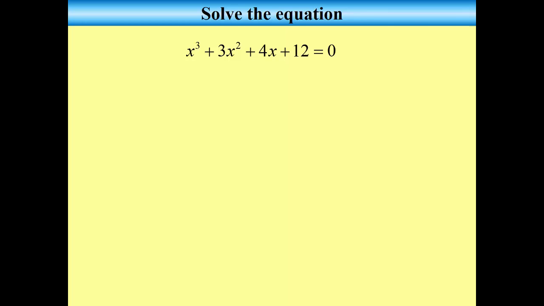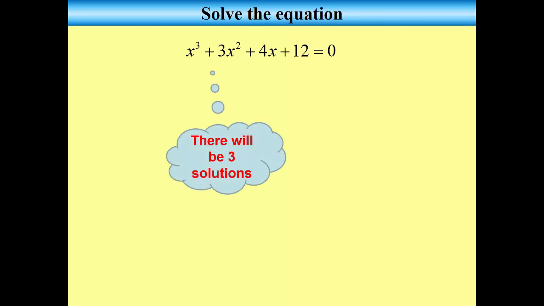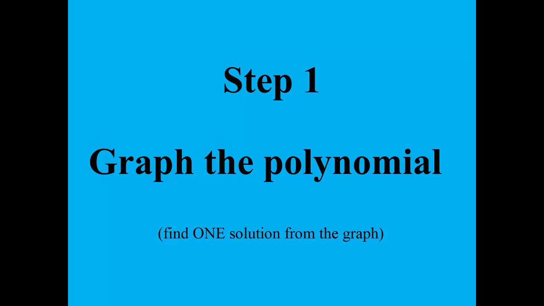Here's a typical polynomial equation. Let's go through the steps for solving the polynomial equation. These will look familiar. First step, take out our calculator and draw the graph. We're looking for where the graph crosses the x-axis.